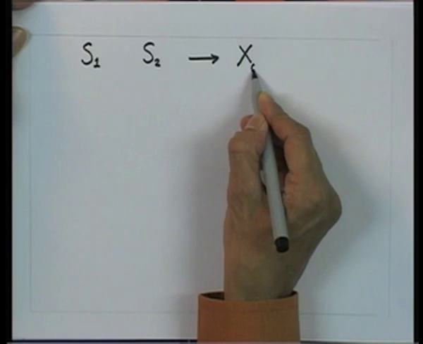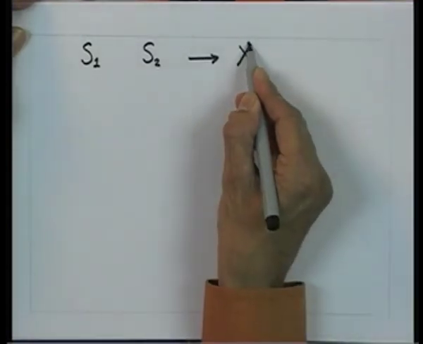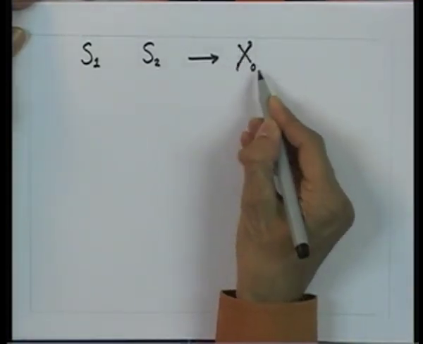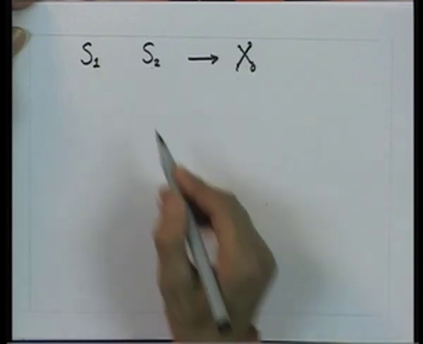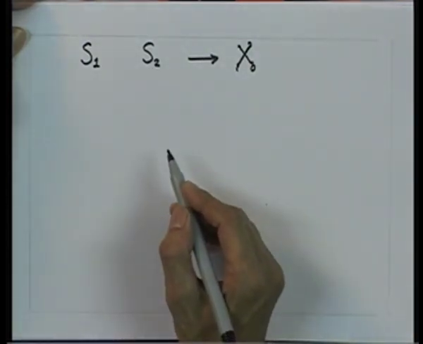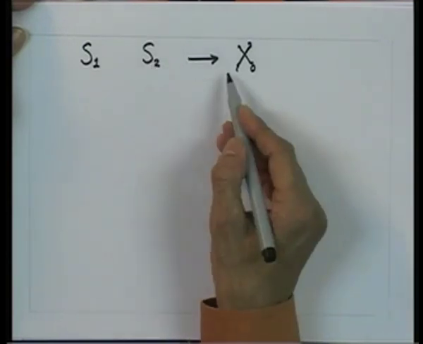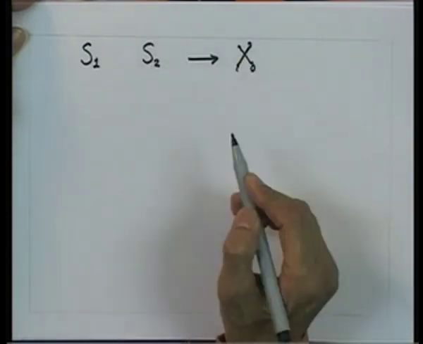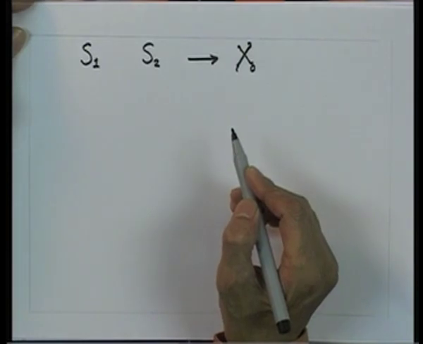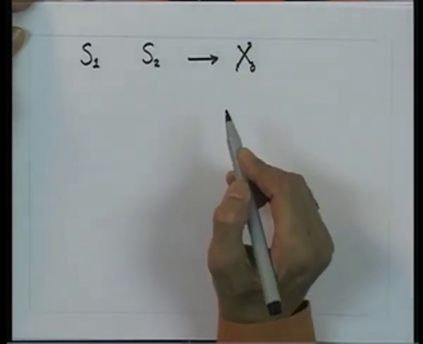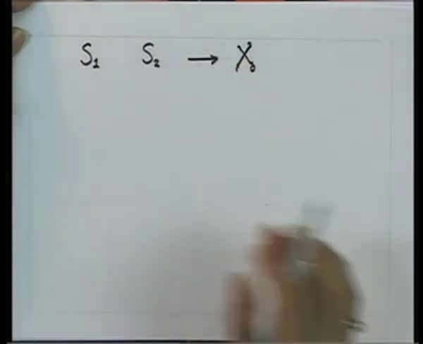Let us call that x0. So, both these sequences S1 and S2, they could be of the same length or need not be of the same length, give rise to the code word x0. Let us assume that is the same for both.